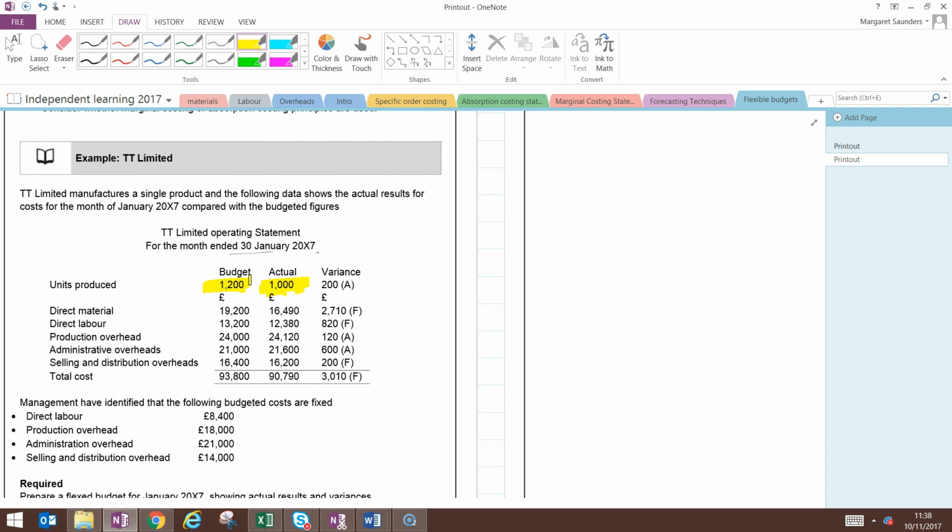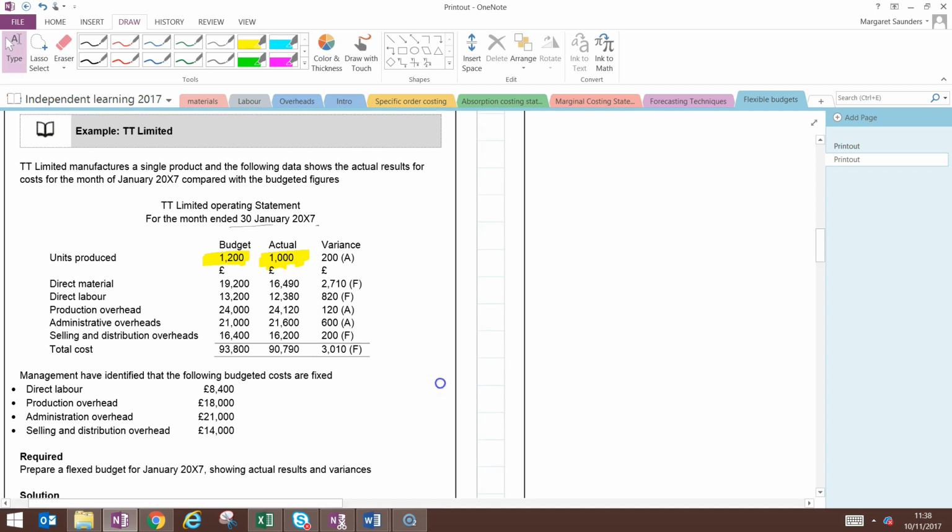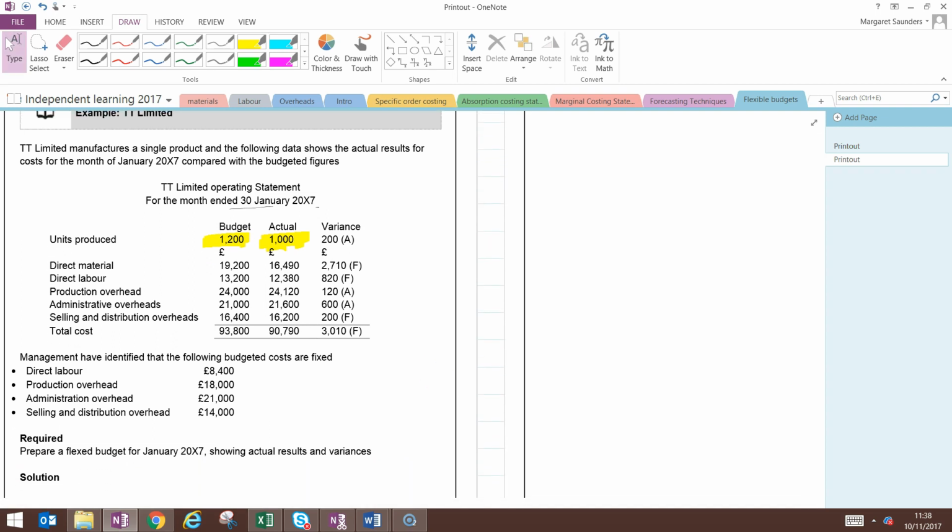So in addition to the costs, management have identified that the following budgeted costs are fixed. So the direct labour, £8,400 is fixed. The production overhead, £18,000 fixed.